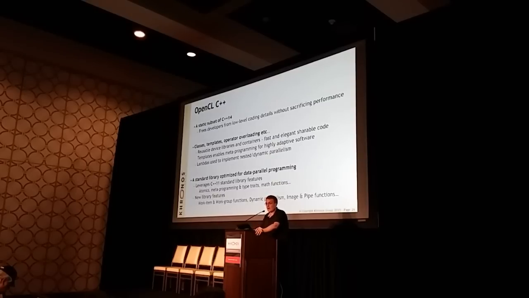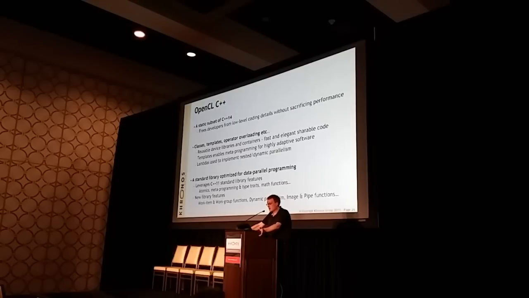So the templates will allow metaprogramming for software that adapts to different constraints. Lambda functions more cleanly implement the nested algorithm features of the language, where in OpenCL 2 we have the block syntax. It's using more of the standard features that people are used to for data parallel programming.